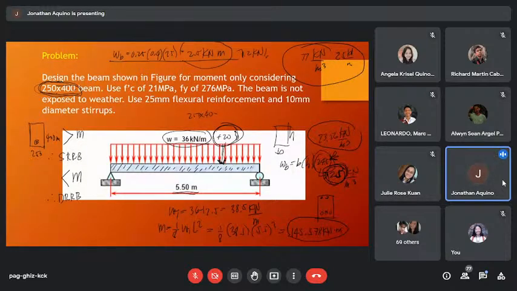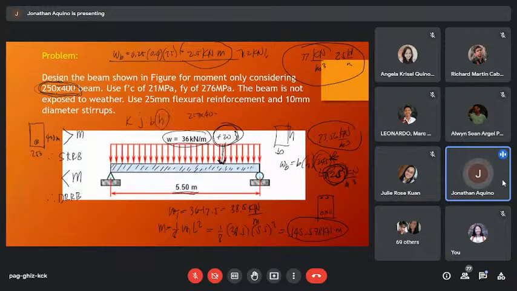So first, of course, in any problem, either singly reinforced or doubly reinforced rectangular beam, we need to determine the value of K, J, what else? Yun lang, kasi given na yung B and H natin. So from H, you can extract the value of D.